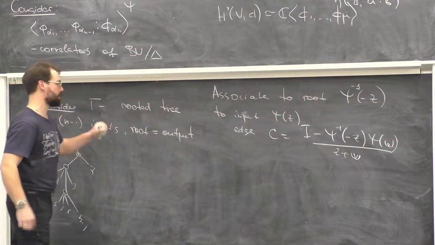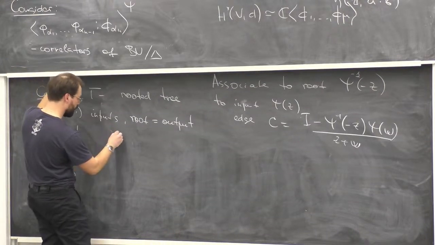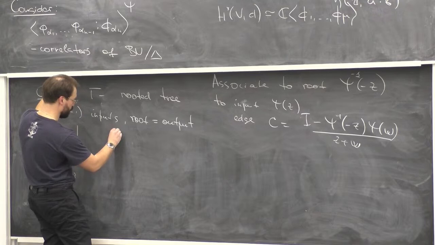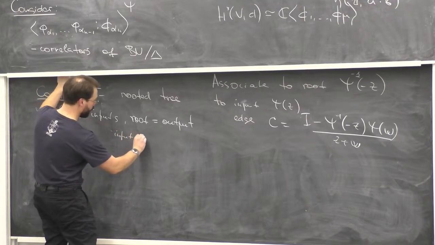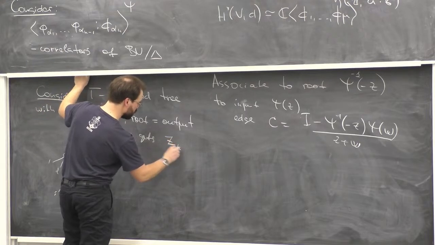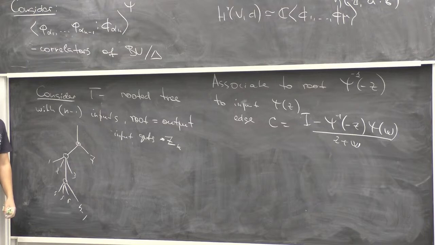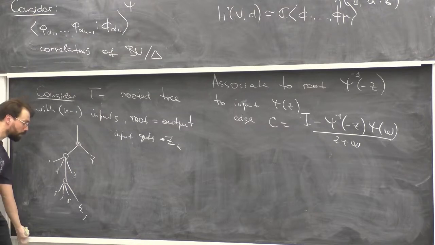I didn't say about z. Also, each input gets its own formal variable zk.